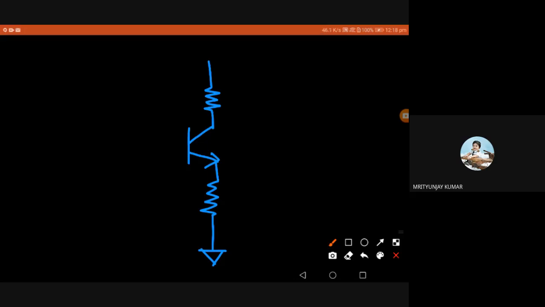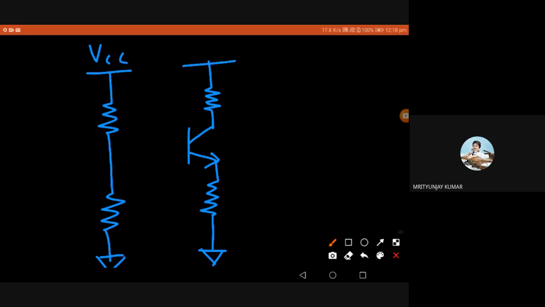Now I am keeping a voltage divider bias, I think you remember this. What is this? Two resistances connected in series with a voltage source VCC. Voltage source here also VCC. We already discussed this multiple times, in network analysis and also in the basics of electronic circuits: the voltage divider bias.